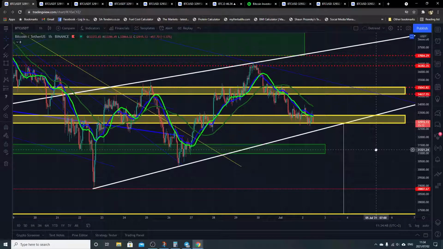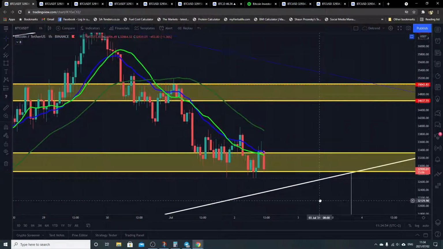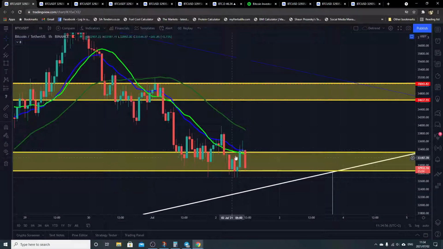All right. Now you see what's happening here is that we are trying to break above. Let me just zoom in a bit so you guys can see. Normally, in a bullish momentum, we will be able to break above the 21 EMA. A candle body close above the 21 EMA is a signal that the price is going to go up.